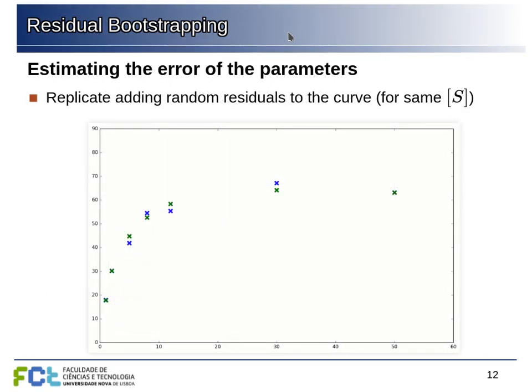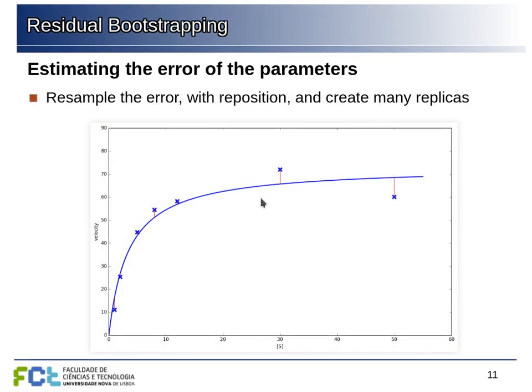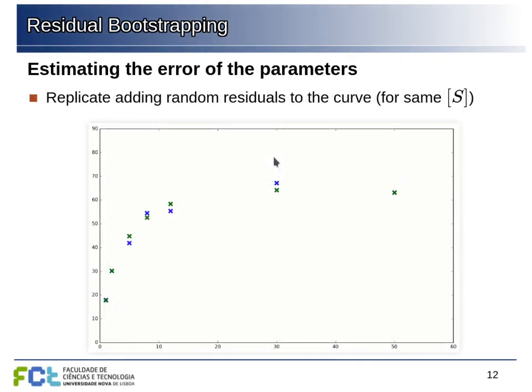So we're going to use this to create different sets of data by scrambling the error, by selecting at random with replacement all of those residuals, and moving the points to the position obtained by adding to the original prediction these new randomly sampled residuals.